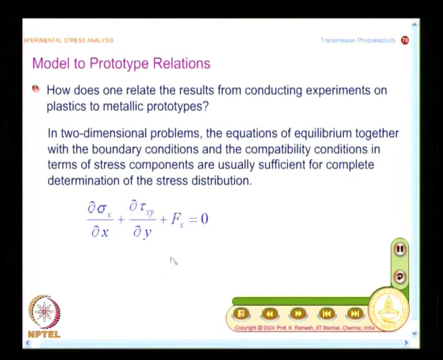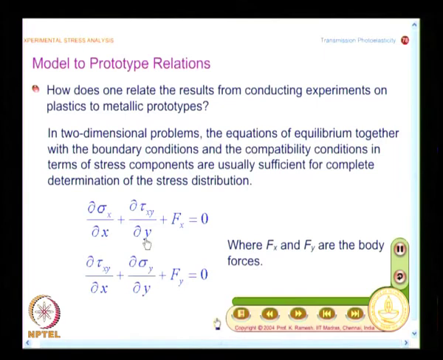And how does the equilibrium condition look like? You all know ∂σx/∂x plus ∂τxy/∂y plus fx equal to 0, where this is the body force, and you have ∂τxy/∂x plus ∂σy/∂y plus fy equal to 0. I have used the equality τxy equal to τyx while writing this expression.